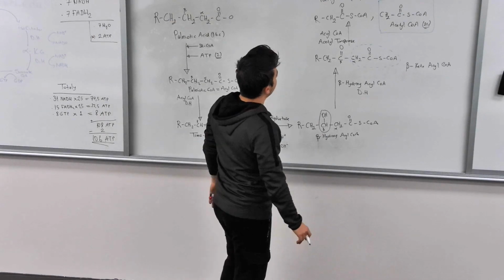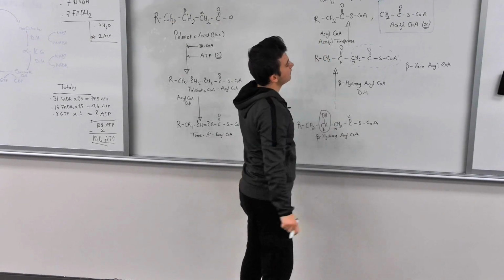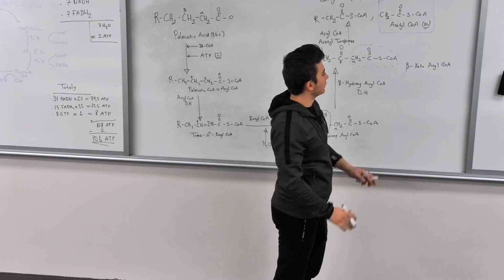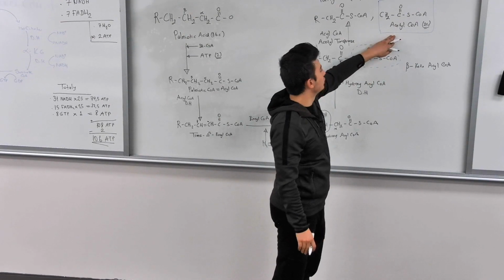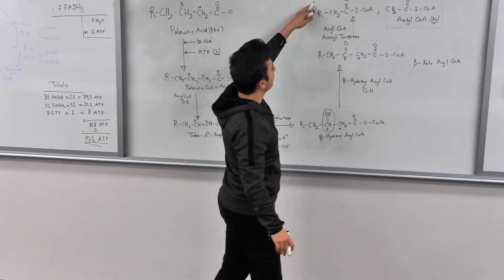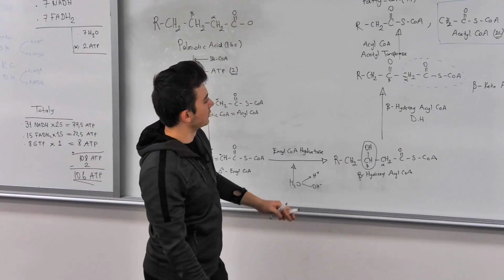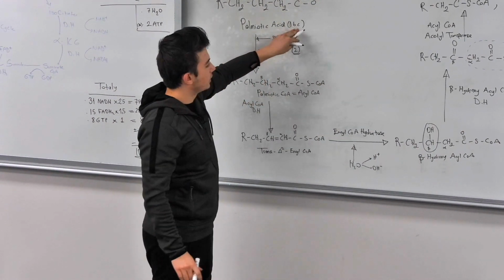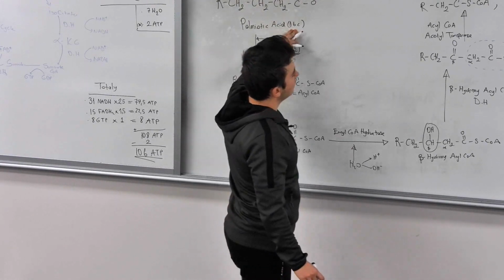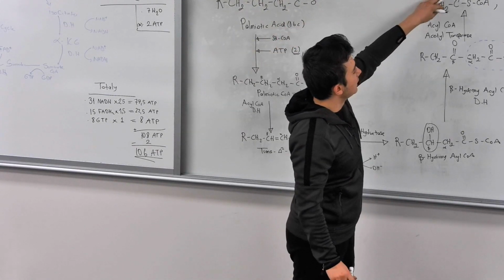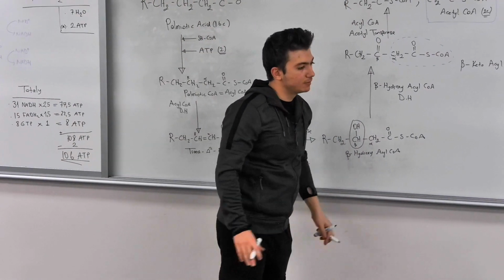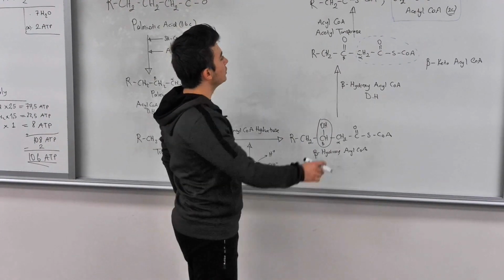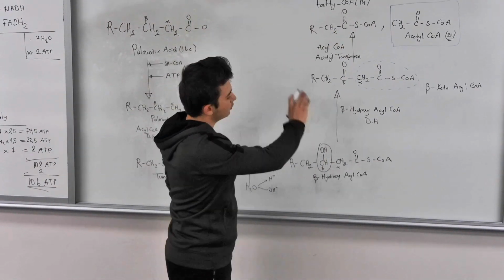Good. In the final step, I generated acetyl coenzyme A and the fatty acyl coenzyme A molecule, but the carbon number is different. The first molecule has 16 carbons, but the final one has 14 carbons. But I can use this fatty acid again in this process, okay?